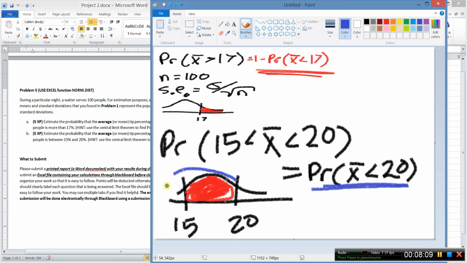So we don't want this area less than 15. I have to subtract that off in order to get the red area between 15 and 20, which is ultimately the goal. Okay? So, subtract off the probability that x bar is less than 15.